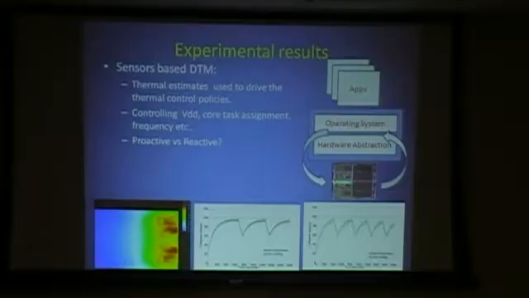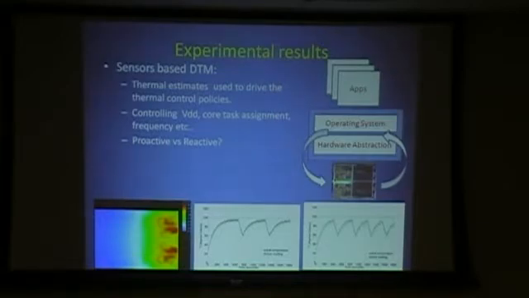You can estimate stuff like that, right? What do you do with it, right? From the context of temperature, you can make some decisions about changing various knobs of the CPU in such a way that you achieve better thermal management.